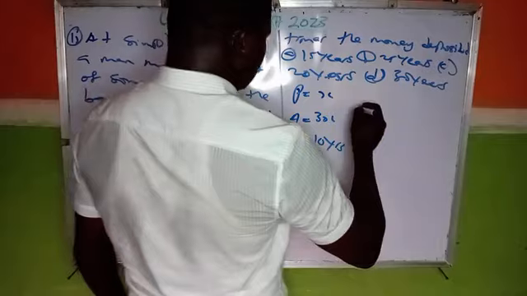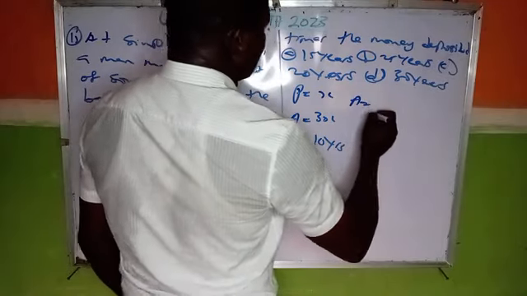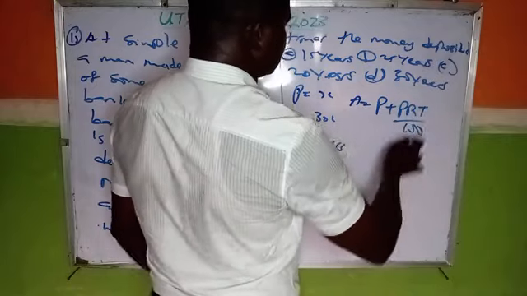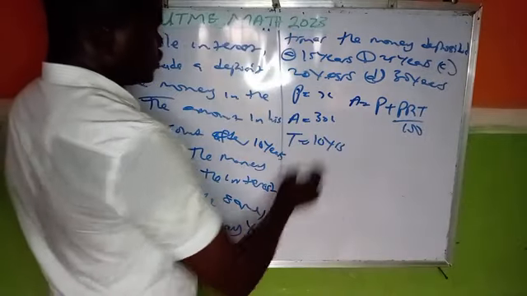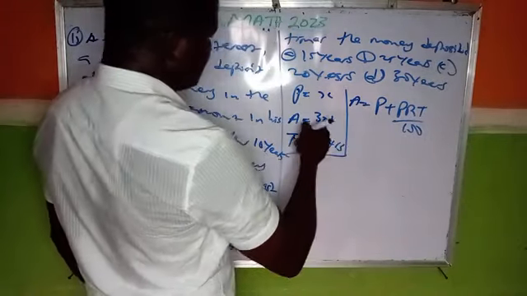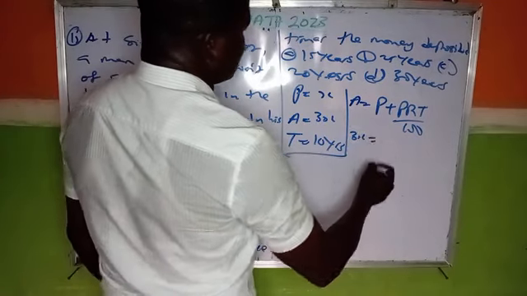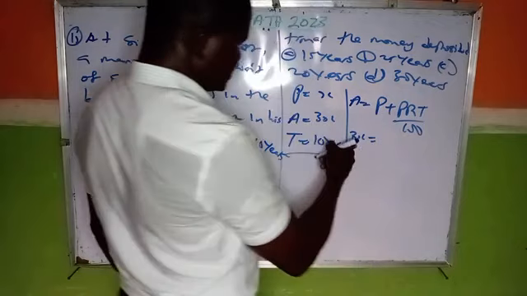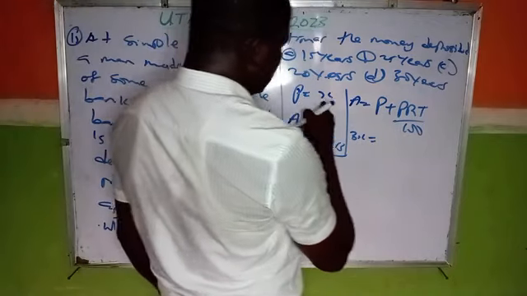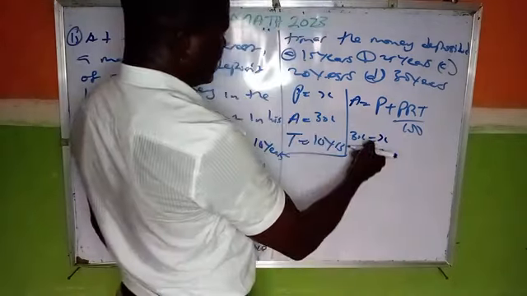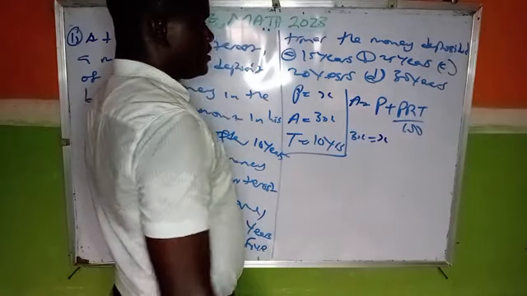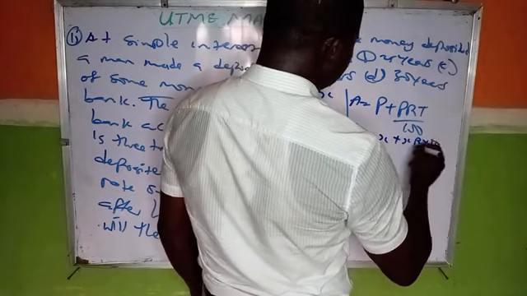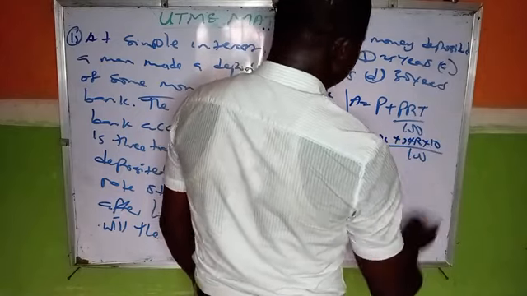So what is amount? Amount is principal plus interest. This is interest, this is principal. So if the amount is 3x, that's 3 times the amount deposited. The principal is x, then plus x r times 10 over 100.